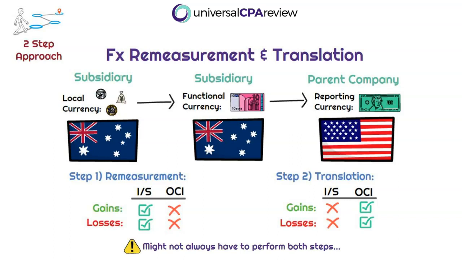So be on the lookout for those scenarios because, again, the exam loves to test conceptually whether you know how to apply remeasurement and translation to a specific scenario when you have to factor in all these different types of currencies, meaning the local currency, the functional currency, and the reporting currency.